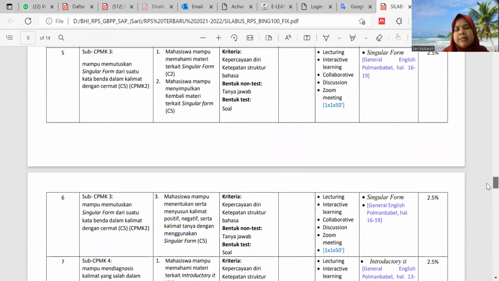And the third meeting, it's about the fifth and the sixth number. We are going to talk about singular form. Each number is only for one session, and every meeting we have two sessions, so every meeting we have two numbers.